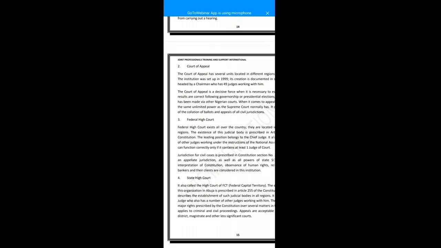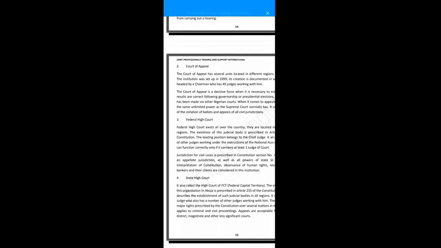Questions of interpretation of the Constitution, observance of human rights, and relations between bankers and their clients are considered in this institution. The Federal High Court holds the power to function correctly only if it contains at least one judge of the court, and its jurisdiction is to help with the interpretation of the Constitution, observance of human rights, and relations between bankers and their clients.